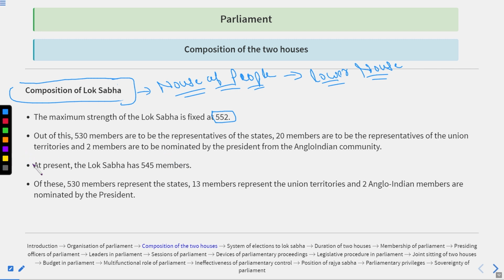Okay, and this 552 is further divided: 530 are representatives from the states, 20 are from the union territories, and 2 are nominated by the president from the Anglo-Indian community.